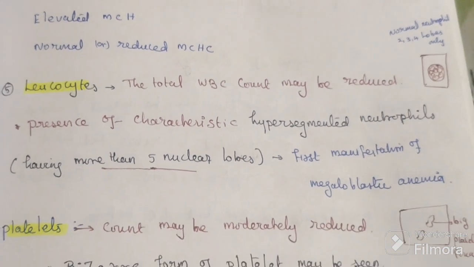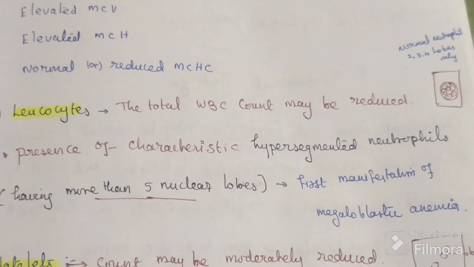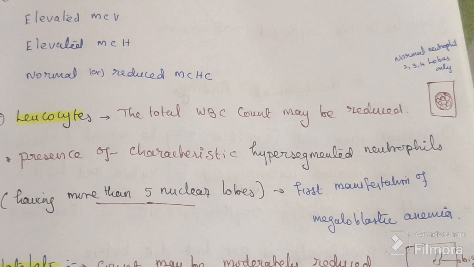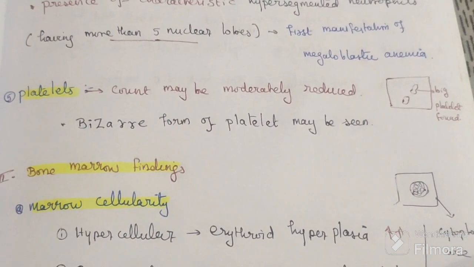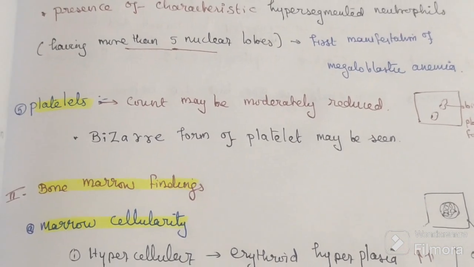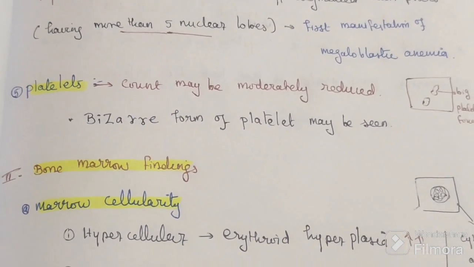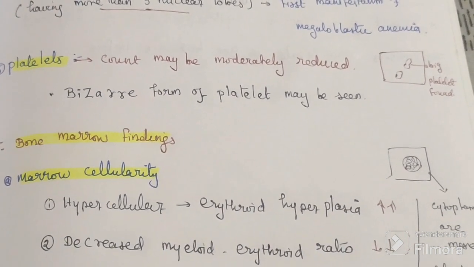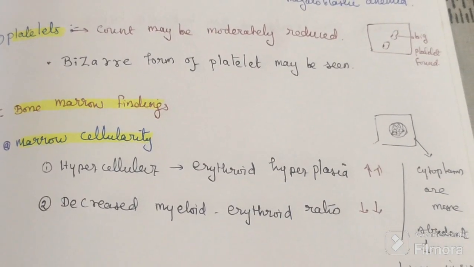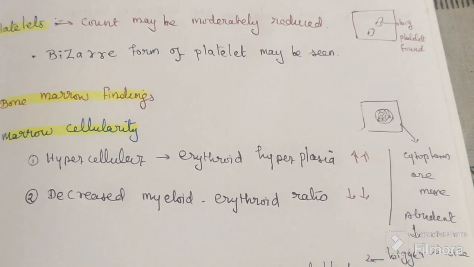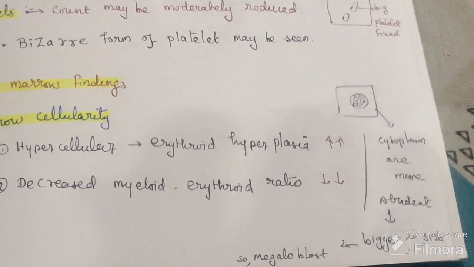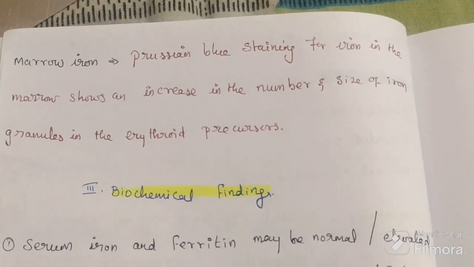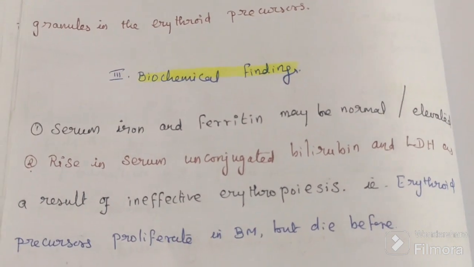Leukocytes: more than 5 nuclear lobes are present in WBCs. Platelets may be enlarged, and these are called bizarre forms. Then bone marrow: erythroid hyperplasia increased, M:E ratio decreased. The Schilling test we will discuss in a separate video.